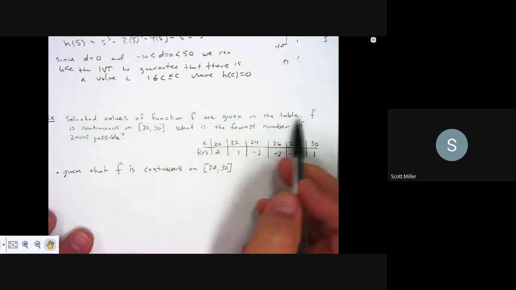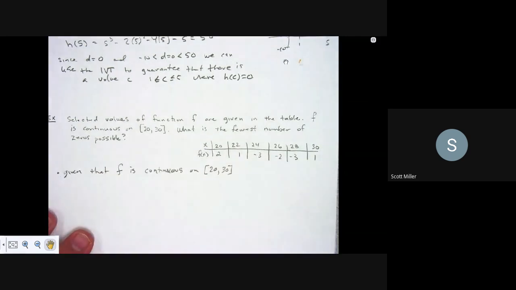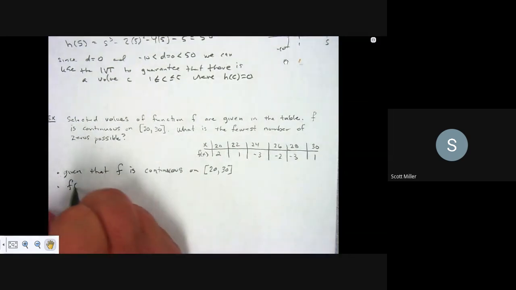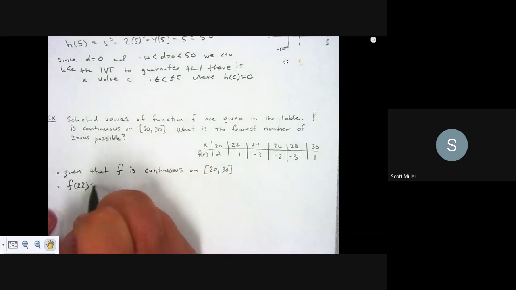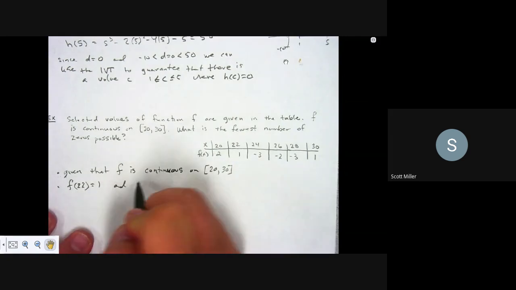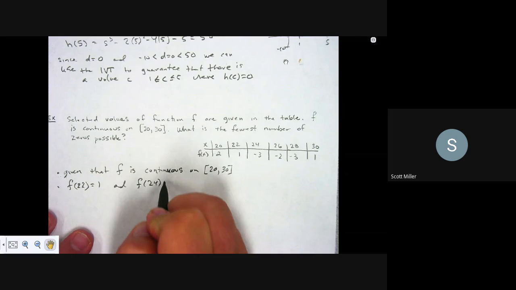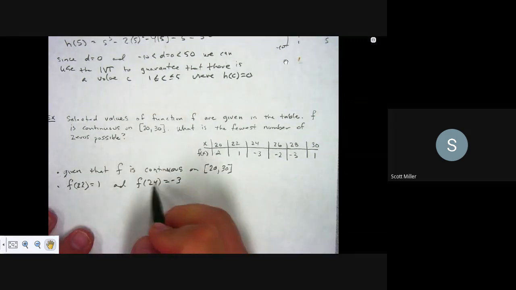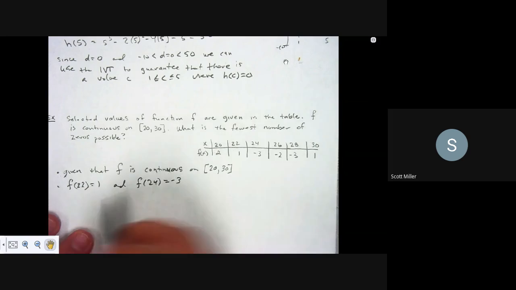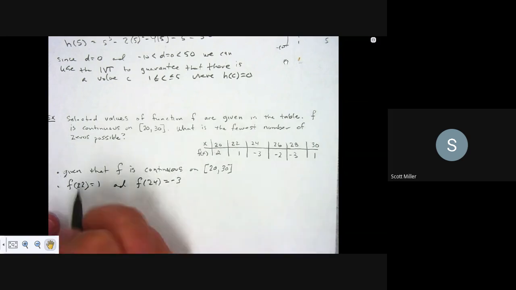I was given that it is continuous on that interval. I know that f of 22 equals 1, and I know that f of 24 equals negative 3. Why do I want that one? Because between a positive and a negative number, I know that there is a 0 between there.